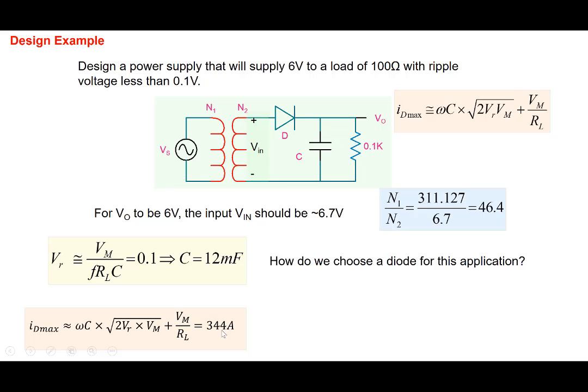Average diode current is 60 milliamperes, the output voltage of 6 volts divided by 100 ohms. And the peak inverse voltage is 2 V0 plus 0.7, so 12.7 volts. So these numbers for peak diode current, average diode current, and peak inverse voltage can then help us in choosing a suitable diode for our application.